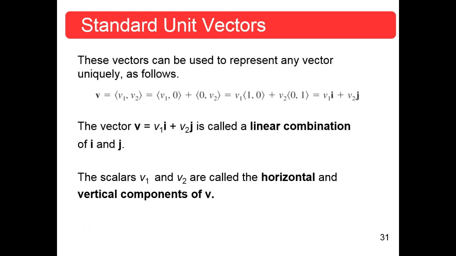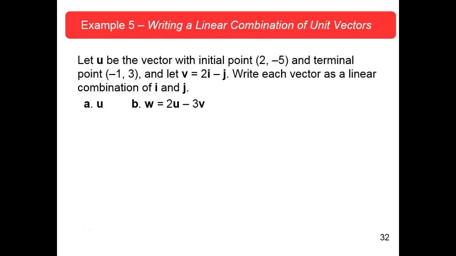Okay. All right. Now, here's example 5. Let u be a vector with initial point, and notice these are parentheses, these are points, (2, -5), and terminal point (-1, 3). And let v be the vector 2i minus 3j.